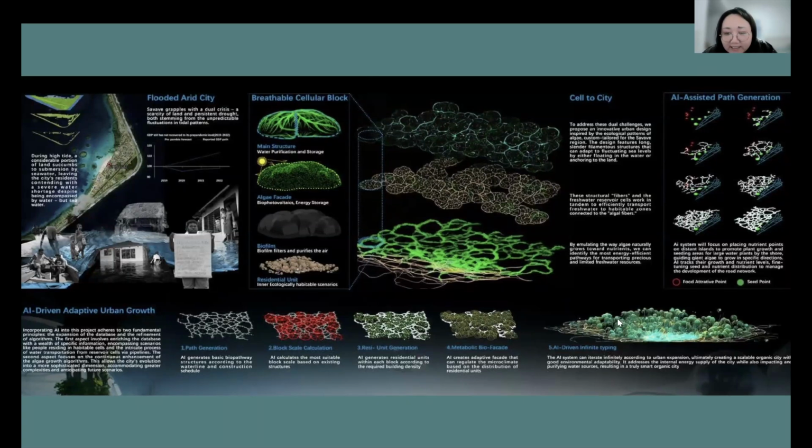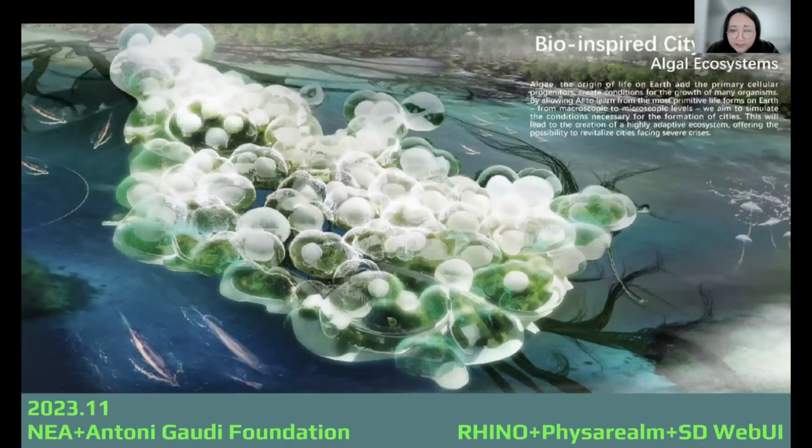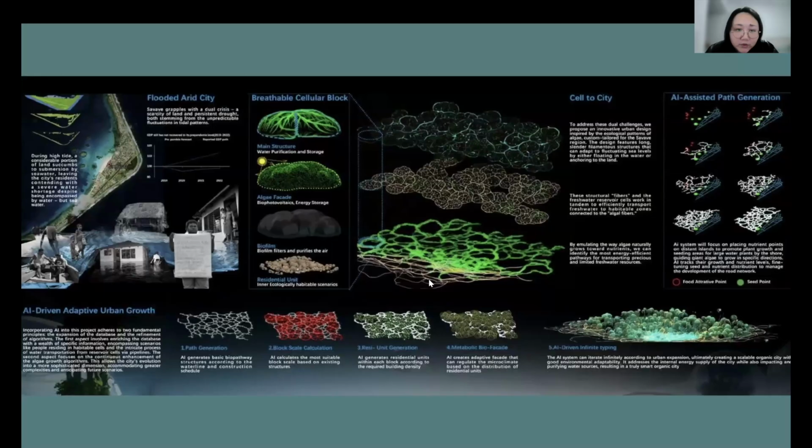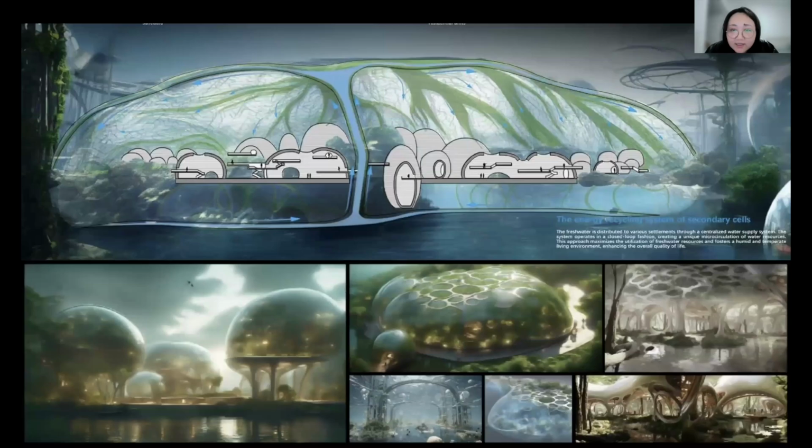So we designed this sort of new city on the sea, and we used quite a lot of algorithms at that time, mainly using Stable Diffusion for the images, but all the line work was basically done manually.